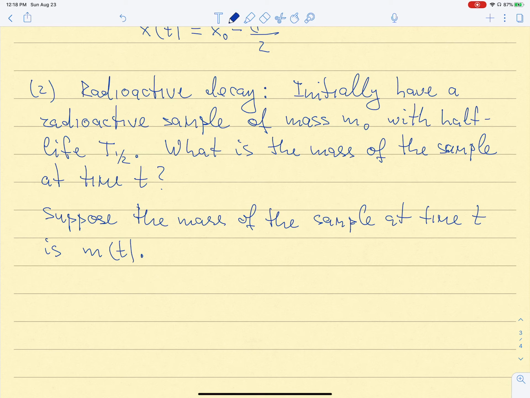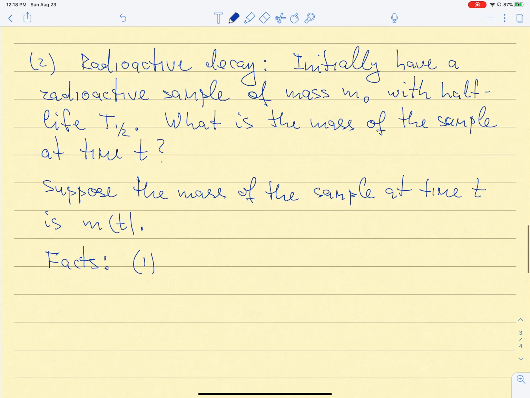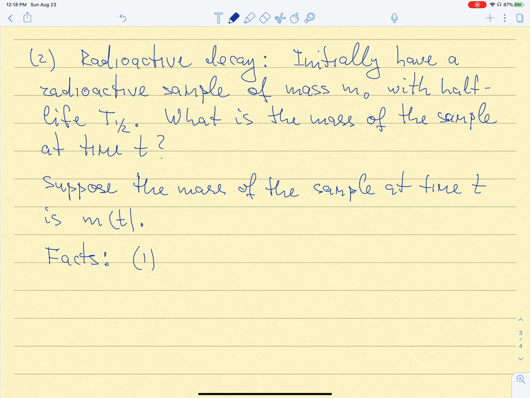So some facts that we know. Number one, because we're dealing with radioactive decay, the mass of a sample is going to decrease with time. So m of t is a decreasing function.